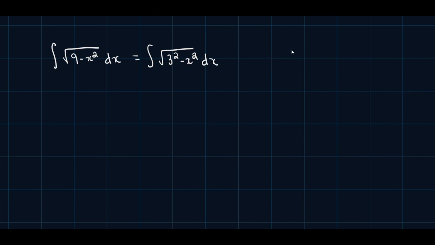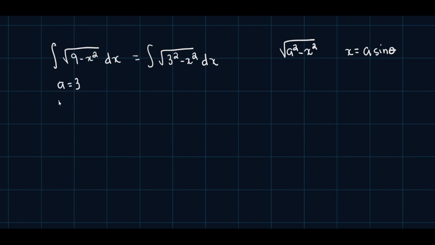Okay, so from the table presented earlier, if we have the square root of a squared minus x squared, ang gagamitin nating substitution is x equal to a sine theta. We have that the value of a is 3.